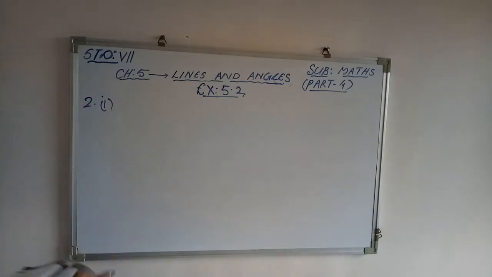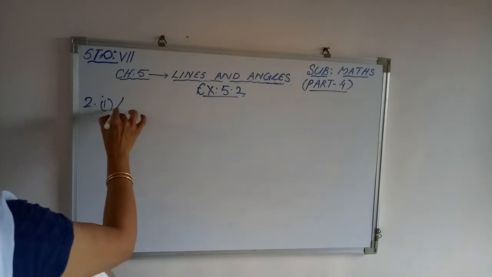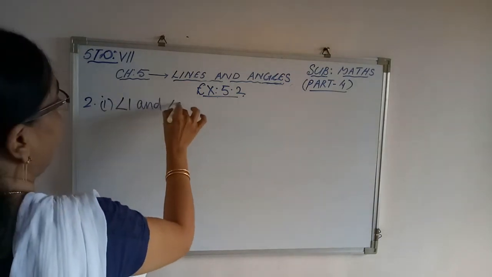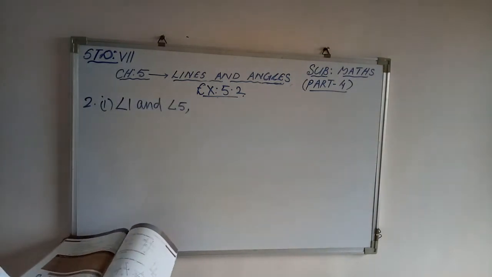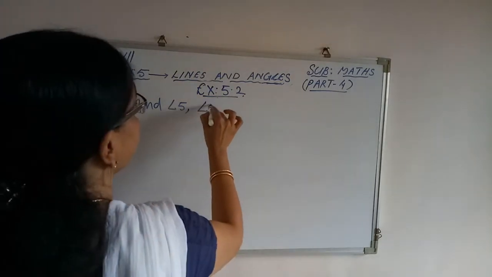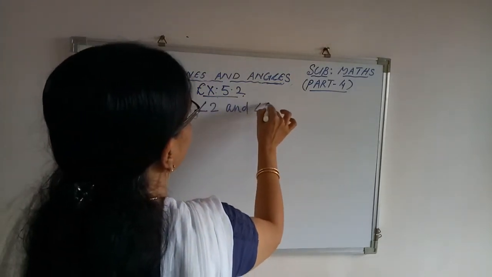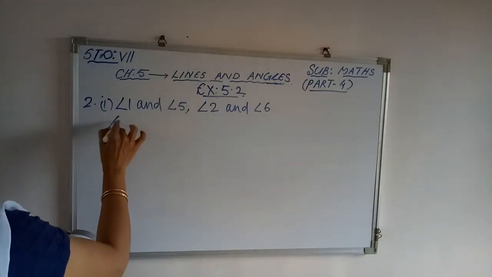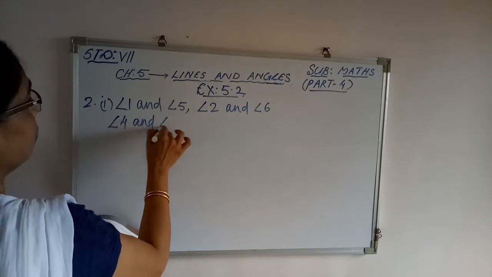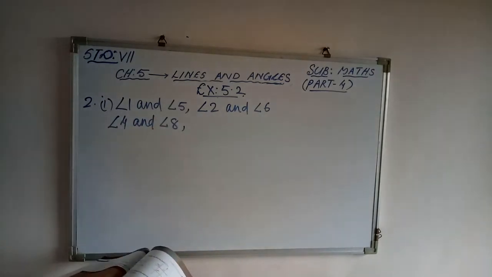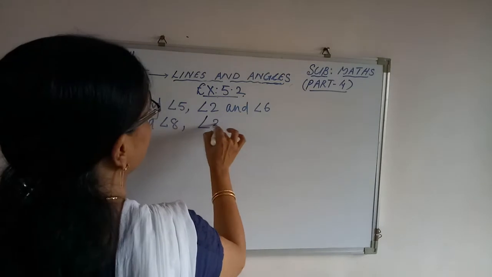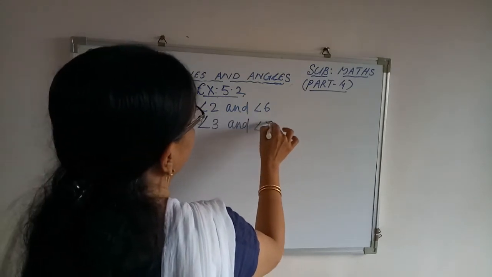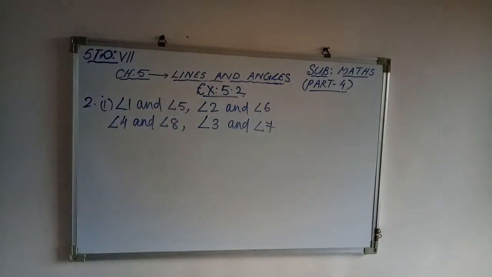Listen and write which are the corresponding angles: angle 1 and angle 5, then angle 2 and angle 6, then angle 4 and angle 8, then angle 3 and angle 7. How many pairs of corresponding angles are there? There are 4 pairs of corresponding angles.